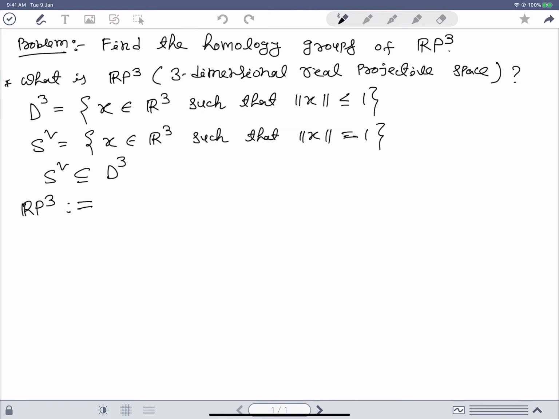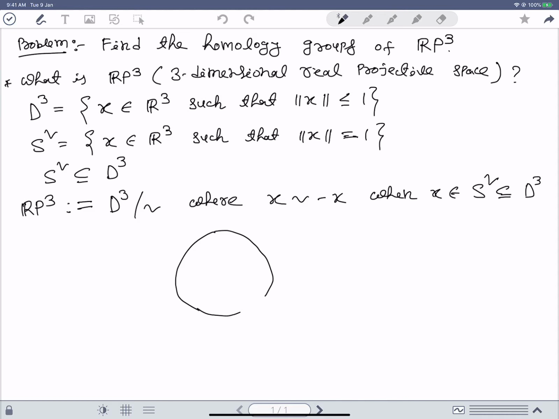Okay. Now RP3 is defined by D3 with some identification, where x will be identified with minus x when x belongs to the boundary of D3. Okay. So in other words, suppose you have this 3-dimensional ball.